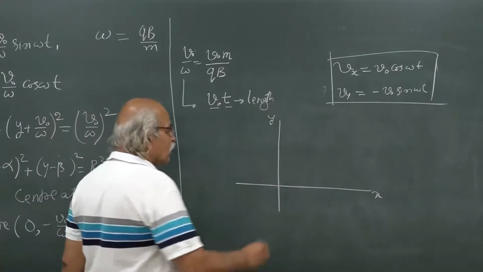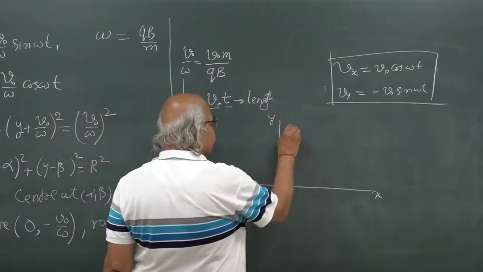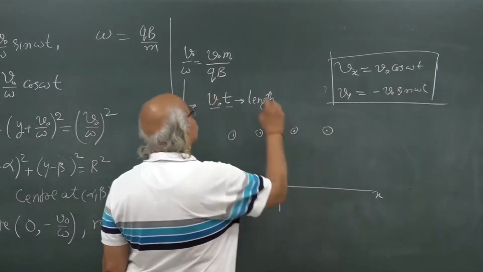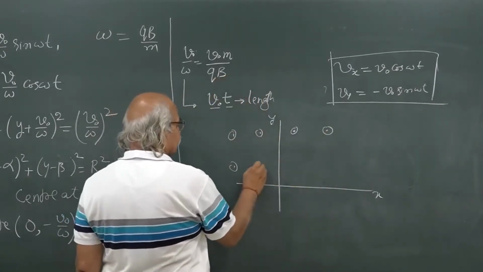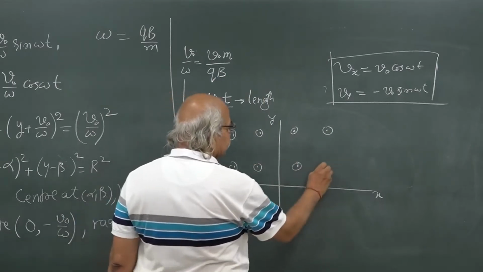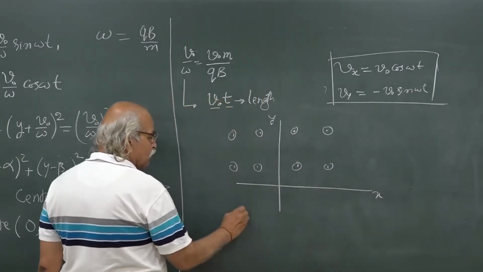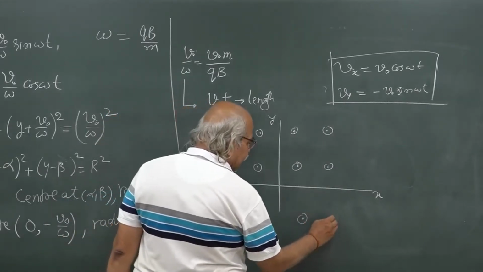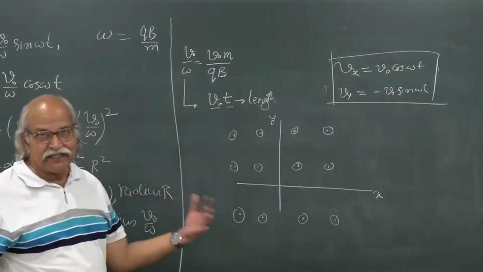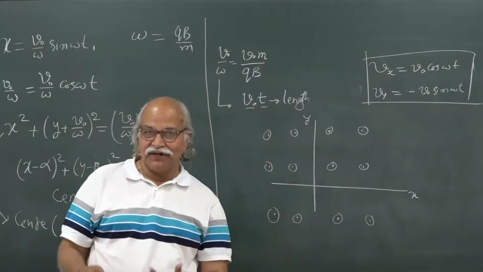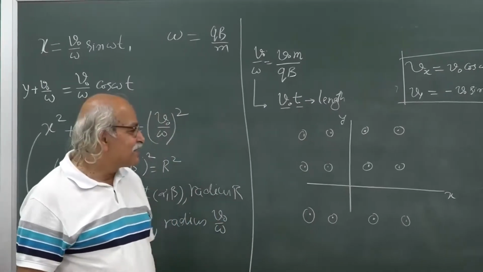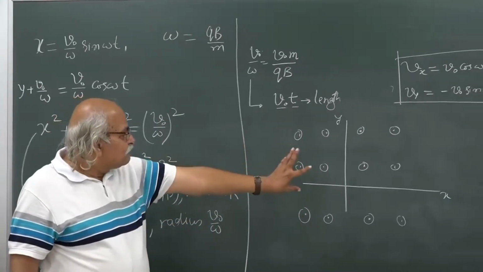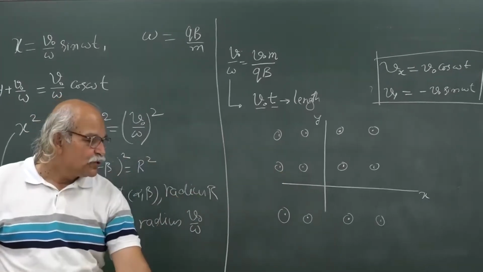So z is coming out, and everywhere we have a magnetic field in the z direction having the same magnitude B. It's not easy to get a uniform magnetic field in a big area. Experimentally you have to make a lot of effort to get a uniform magnetic field in an extended region, but nevertheless for our interest we assume that.